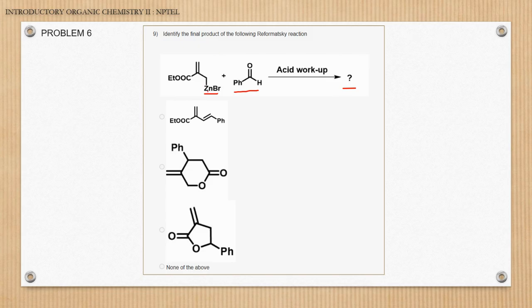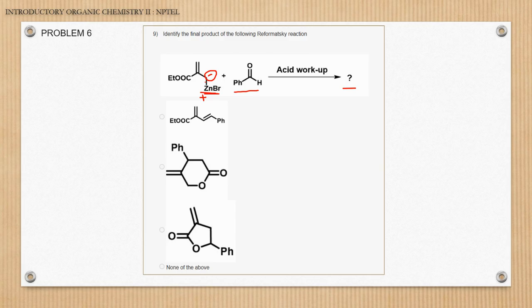So Reformatsky reaction means you have a Zn-Br which is making your alpha carbon negative, that is electronegative, and zinc itself is electropositive in nature. So there is a partial positive character present on zinc due to its electropositivity and a negative character that is generated at the alpha position. So basically it is useful in the case of nucleophilic attacks.